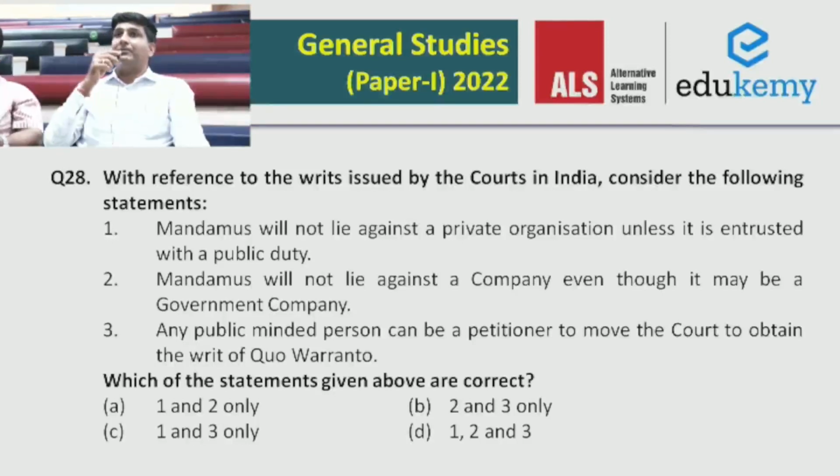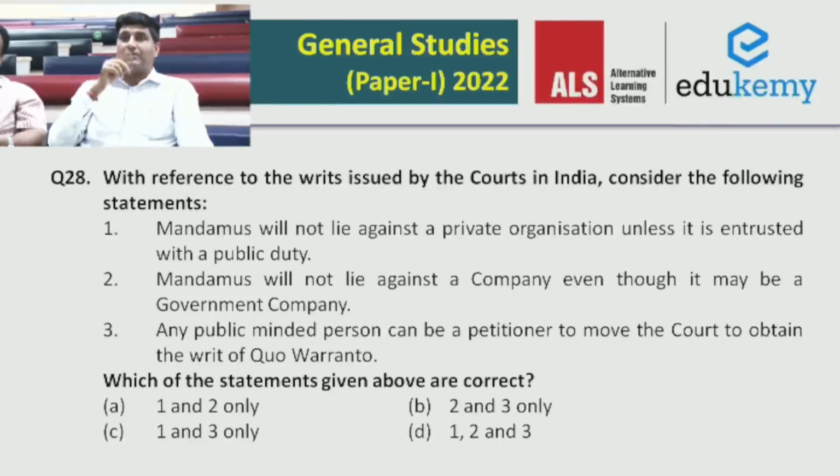So if a private organization is not entrusted with a public duty, how can it lie against them? So the first statement is absolutely correct. Second statement: mandamus will not lie against a company even though it may be a government company. Now this is wrong. A government company will have the characteristic feature of a public authority, and there can be a mandamus writ against them, and that is why statement 2 is wrong.